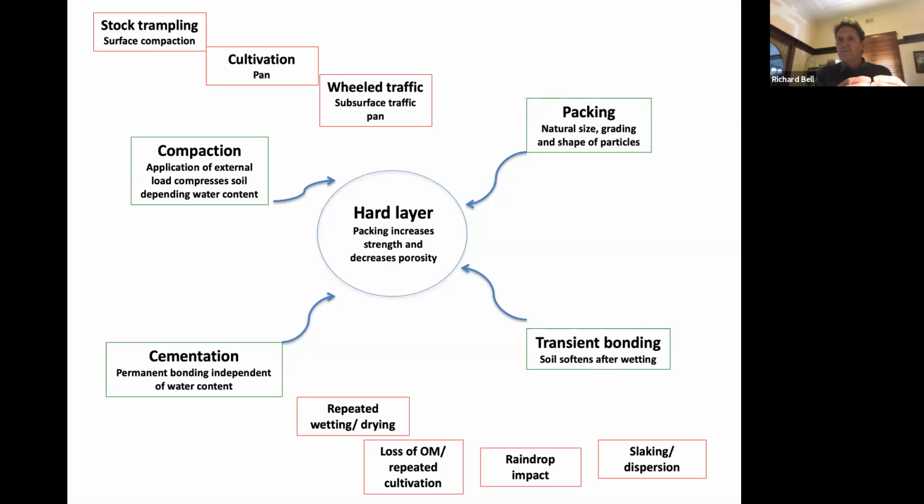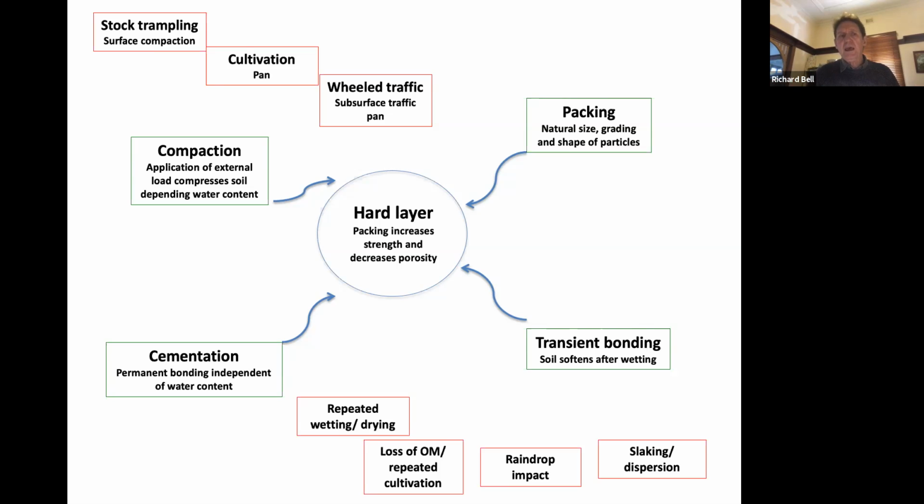In some non-resilient soils, eventually the ped explodes. The force of the pressure of the air that builds up within the ped is so strong that it just causes the ped to collapse completely, and that's what's called slaking.